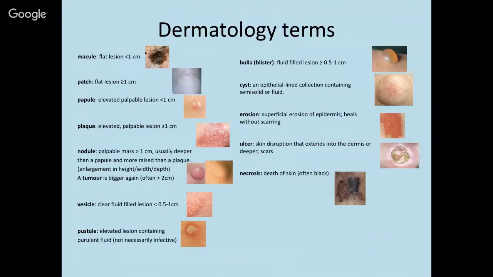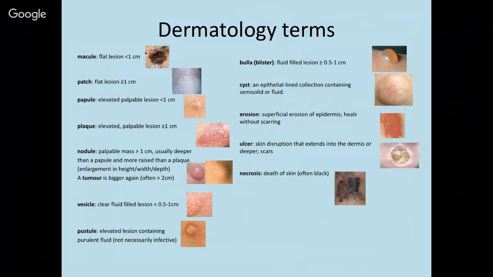So I'm not going to go through all of this, but you'll have the notes there for you, and it's very self-explanatory. This is just a glossary of all the dermatological terms. Most of them have 1 centimetre as a cut-off point. Sometimes, like a vesicle, some of the textbooks, depending on where you look, say it's a clear fluid-filled lesion less than 0.5 centimetres, and others say less than 1 centimetre, greater would be a bulla.